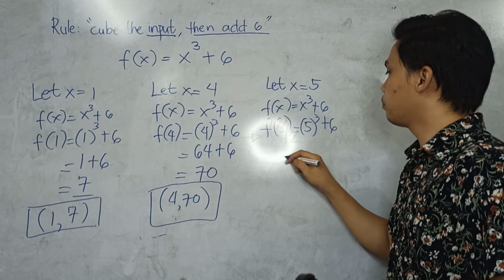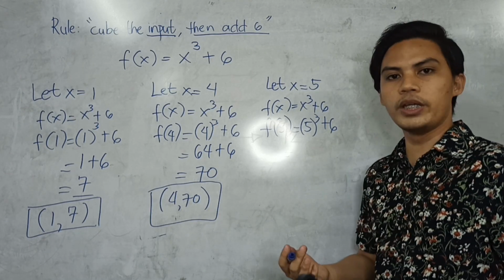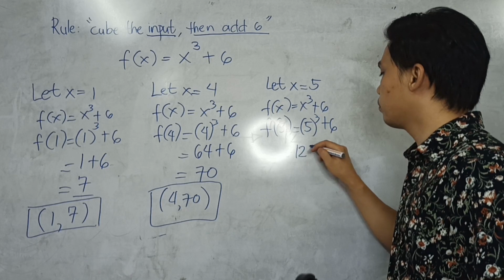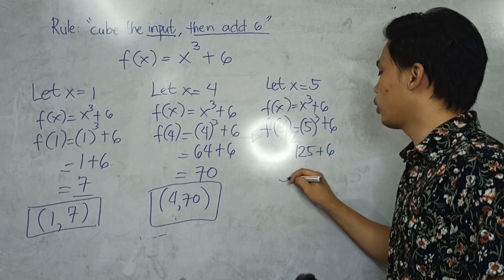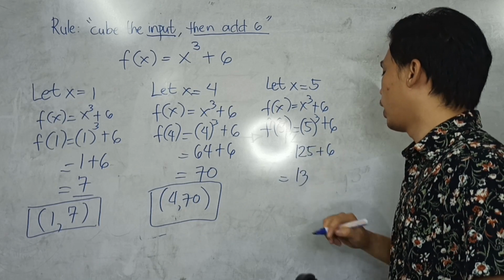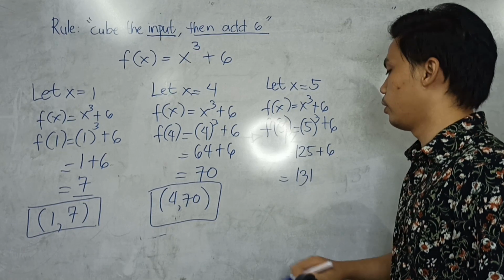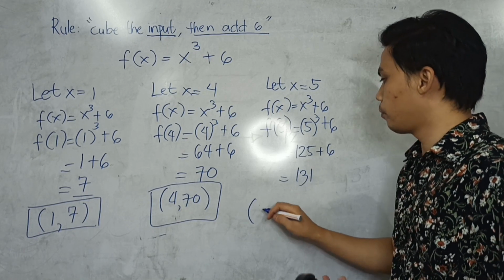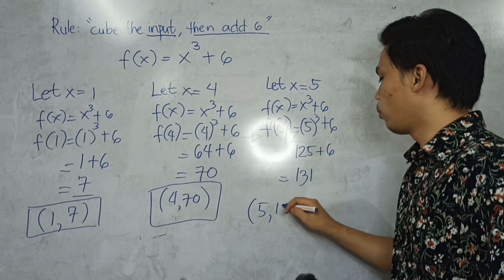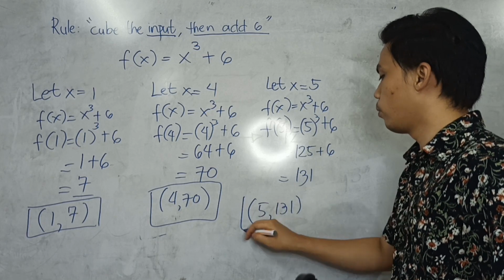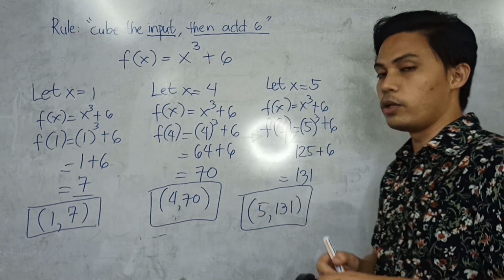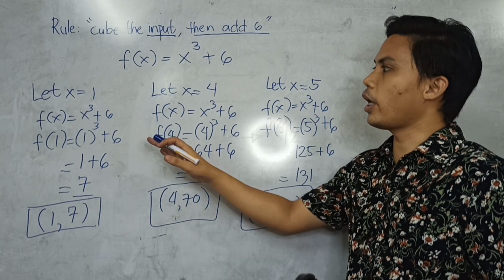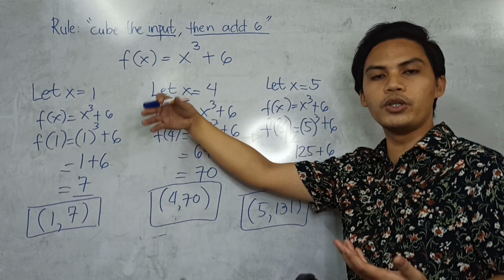So you will have 5 cubed is 125 plus 6, that would be equal to 131. Okay. So the last ordered pair would be 5, 131.